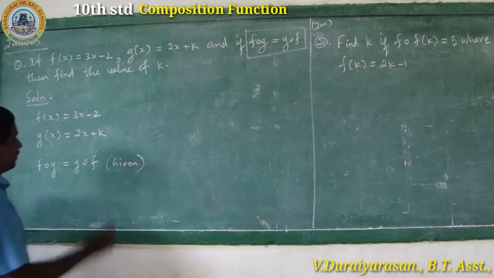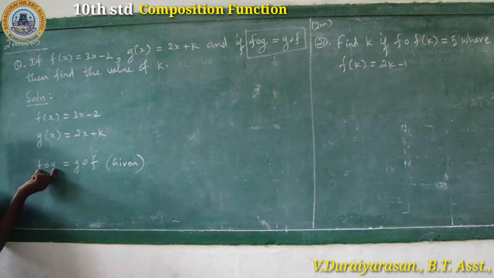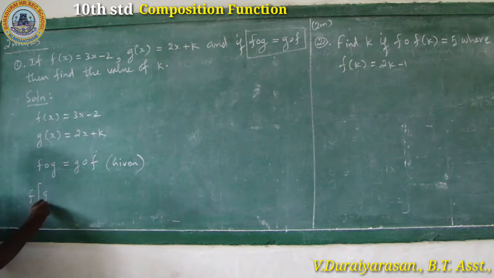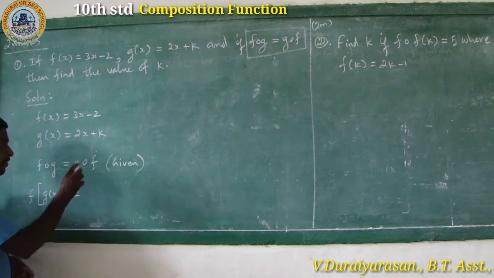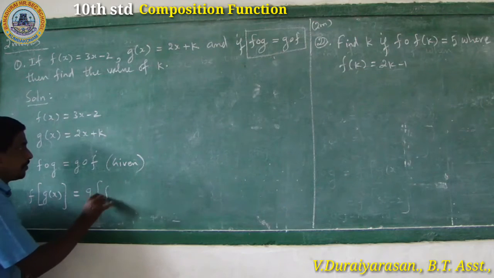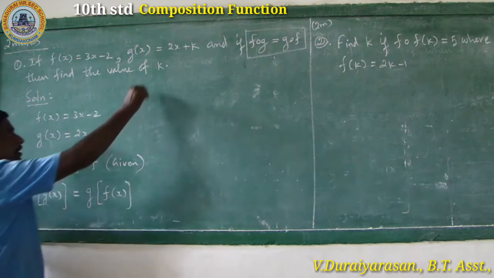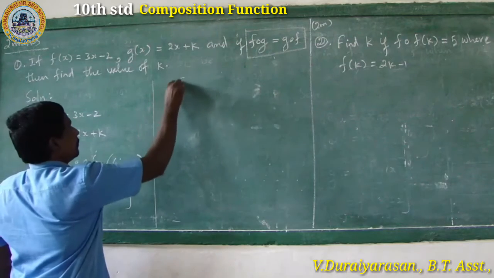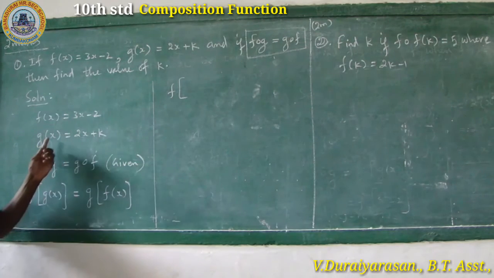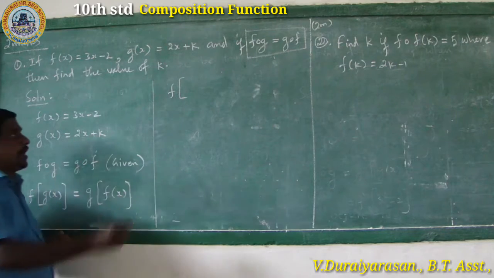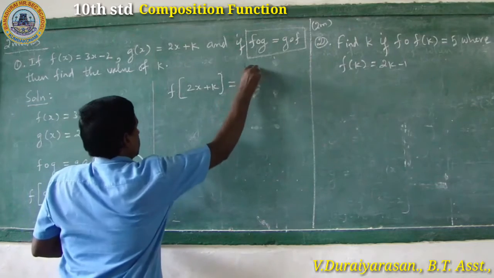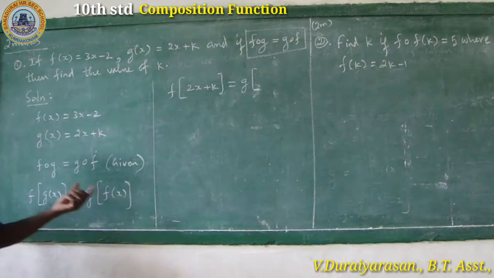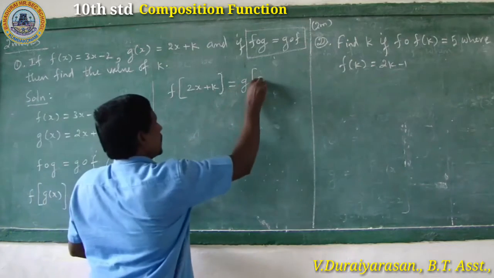All are given, right? f composite g, how to define it? f of g of x is equal to g composite f. What is the other form? g of f of x. What is the value of g of x? g of x is equal to 2x plus k, and it is equal to g of f of x, which is 3x minus 2.